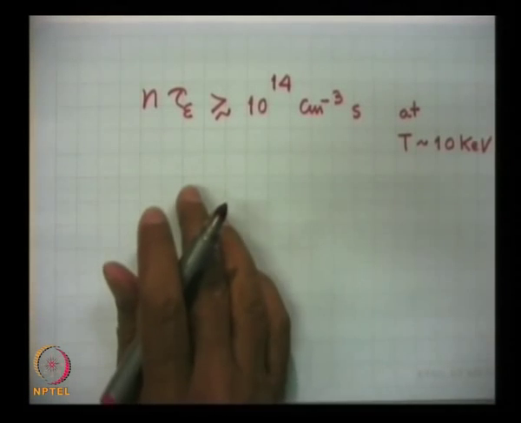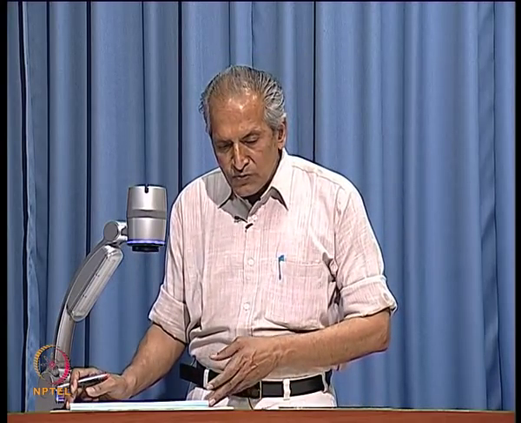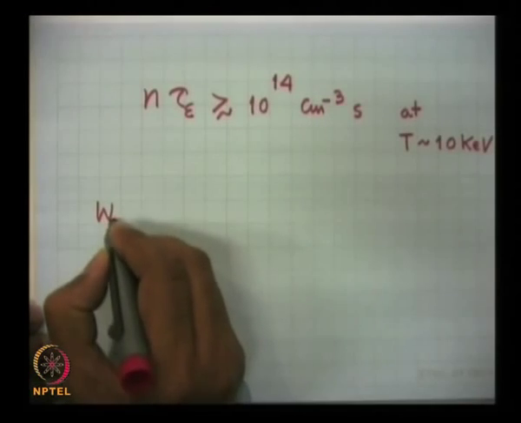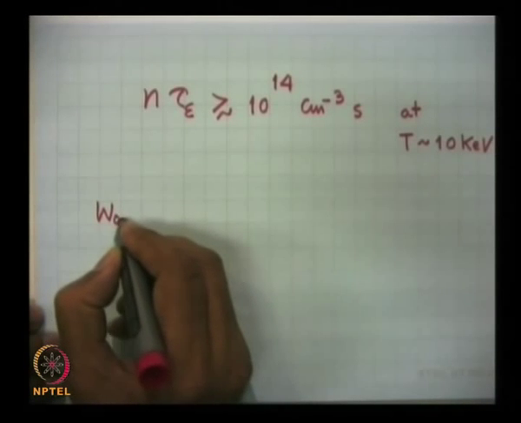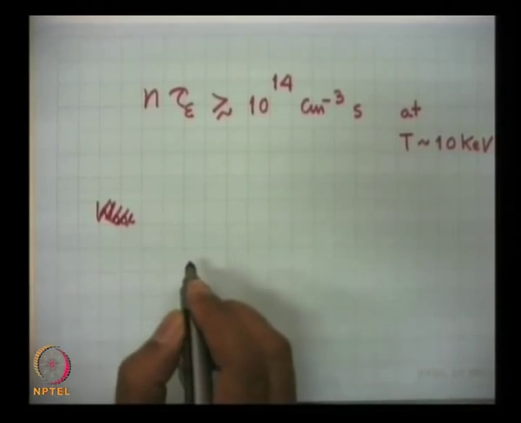Well, as far as ignition is concerned, if you want to have the burn continue by extracting energy from the alpha particles, what you require is that whatever energy is produced, W out that you call, sorry, let me reframe this.